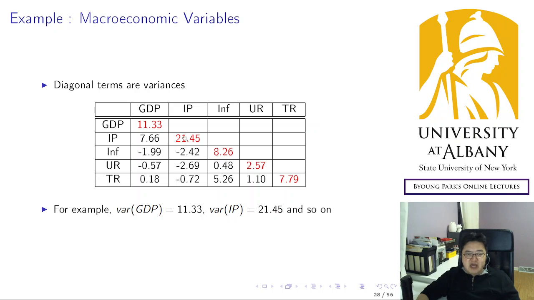So all the diagonal terms are variances. For example, 7.79 is the covariance between treasury bill rate and treasury bill rate, which is the treasury bill rate's variance. So all of them are variances, right?